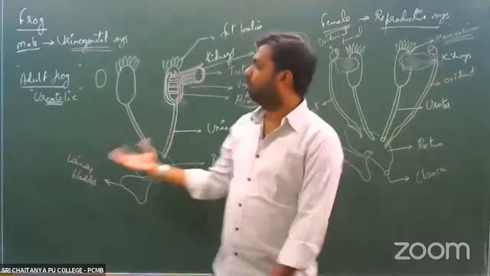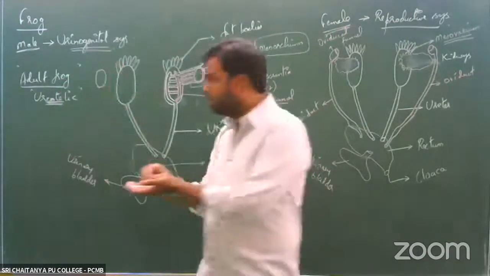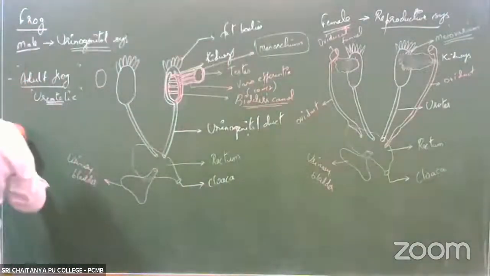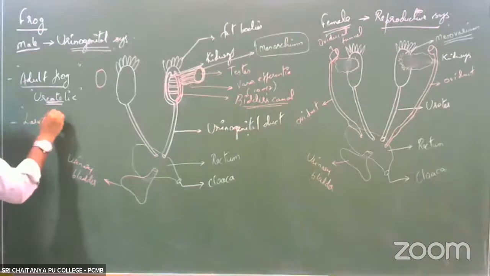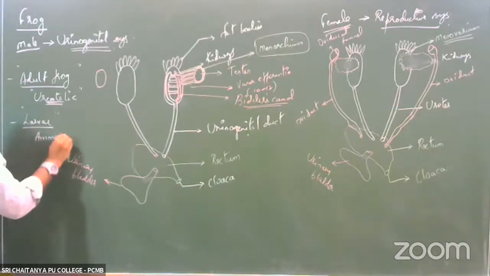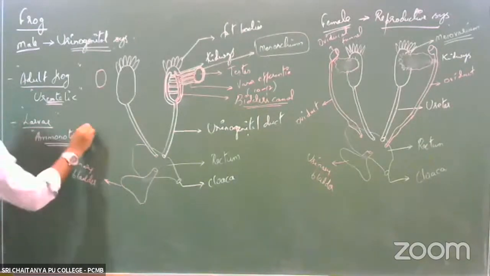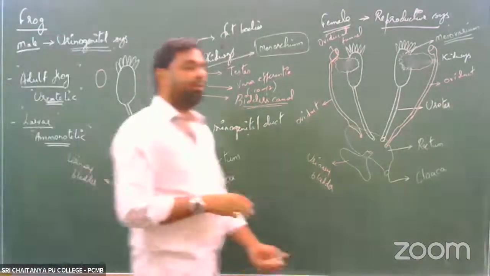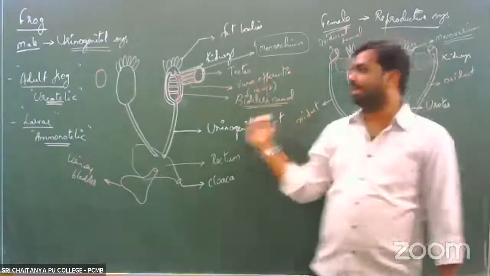So the adult frog is ureotelic because it excretes urea, while the larva, that is the tadpole larva, is said to be ammonotelic. That means the larva excretes ammonia, while the adult frog excretes urea.